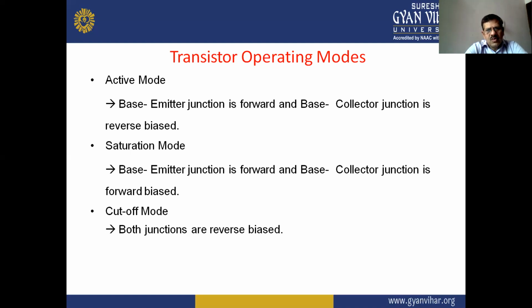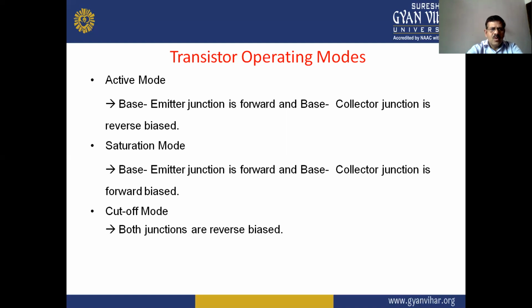In saturation mode, junction J1, the base-emitter junction, is forward biased and junction J2, the base-collector junction, is also forward biased. So in that case, both junctions are forward biased in saturation mode.